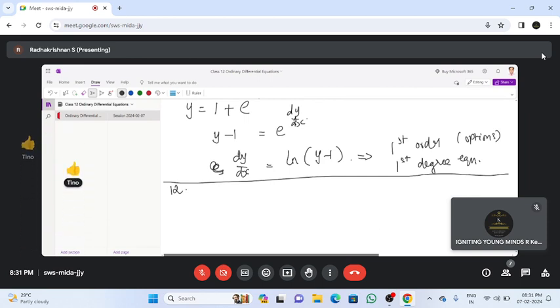P and Q are the order and degree of the differential equation y dy by dx plus x cube d square y by dx square plus xy equal to cos x. Let me write it down.